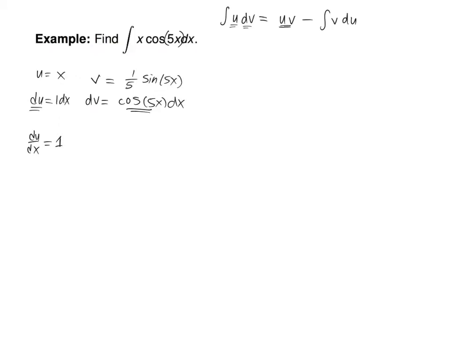Okay, so now we're going to use this little table of things to translate this integral using that formula. So uv is x times 1/5 sine of 5x, and you take away the integral of v du, and in for v goes 1/5 sine of 5x.